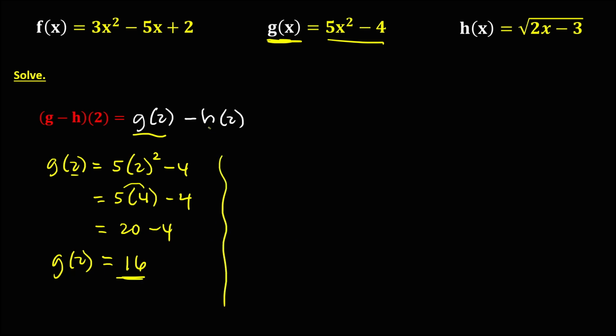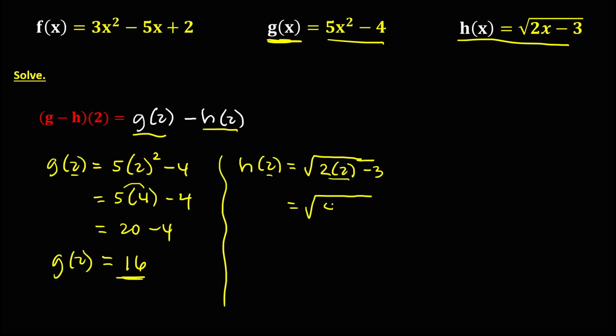Then we also need to find the value for h of 2. So h of 2 from h of x, but x is equal to positive 2. So we have the square root of 2 times 2 minus 3. Then this is the square root of 4 minus 3, and this is the square root of 1.